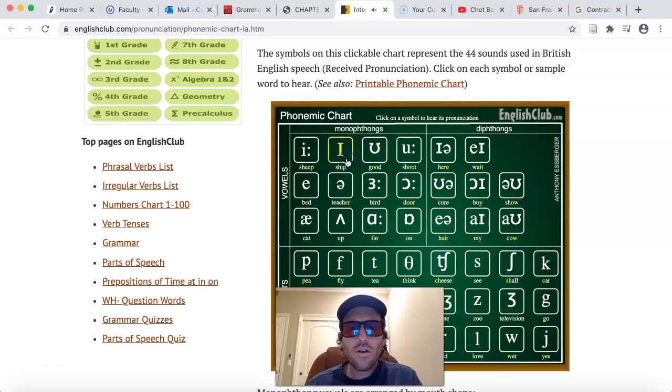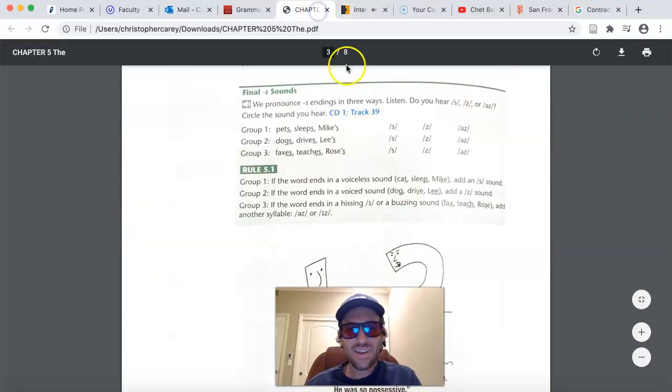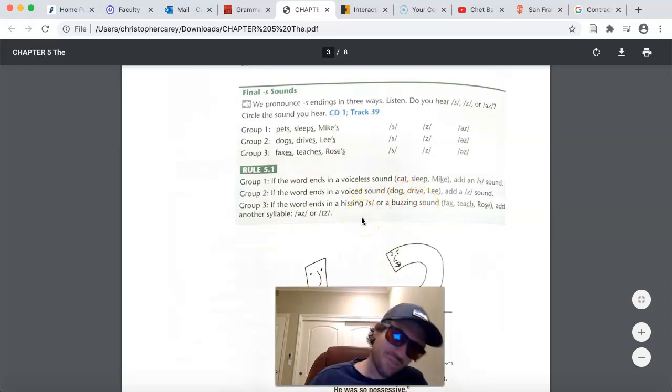There you are. So either one of those, either way, you're going to get one of those two vowel sounds anytime the word ends in an S consonant sound or a buzzing sound.